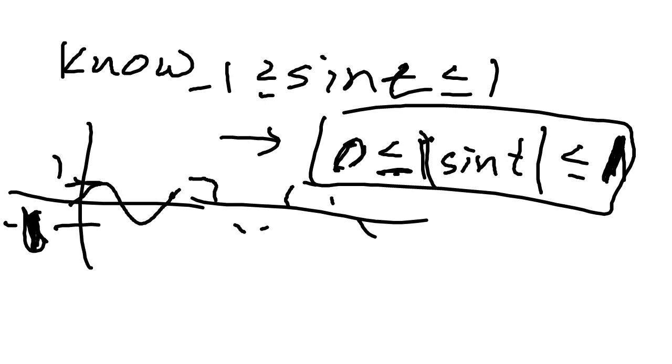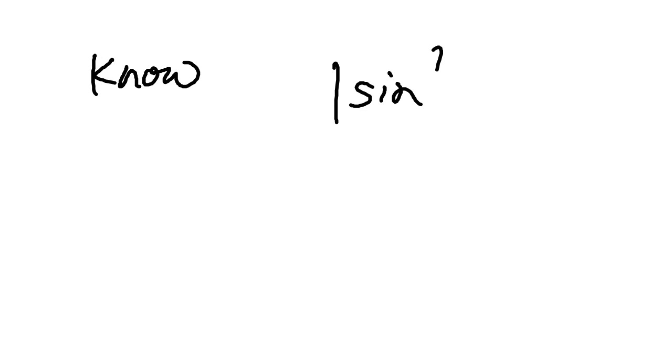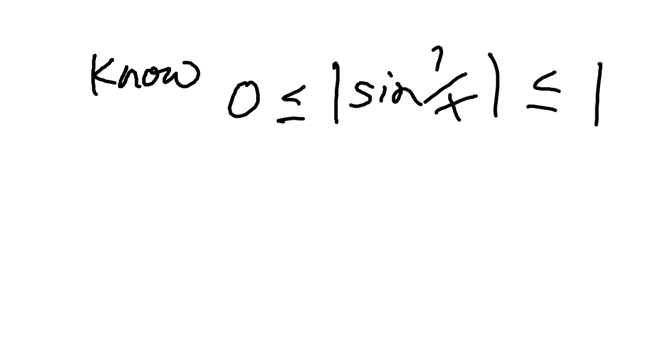Basically, I would just flip the negative part to become positive if I'm taking the absolute value of it. So what can I say then? For this particular problem, we know that the absolute value of the sine of 1 over x is going to be less than or equal to 1, but also greater than or equal to 0.